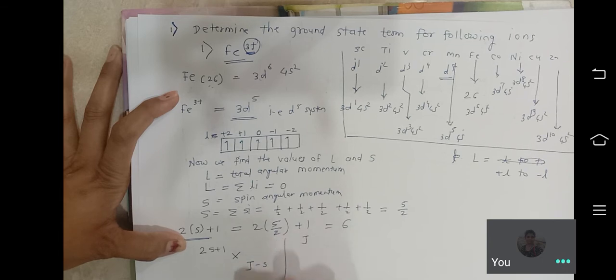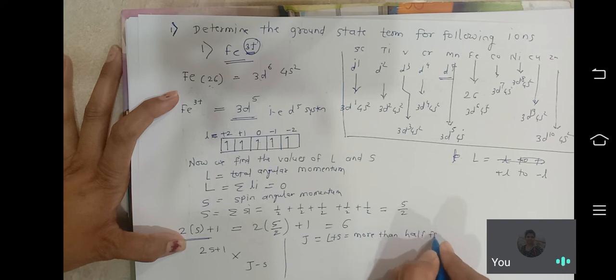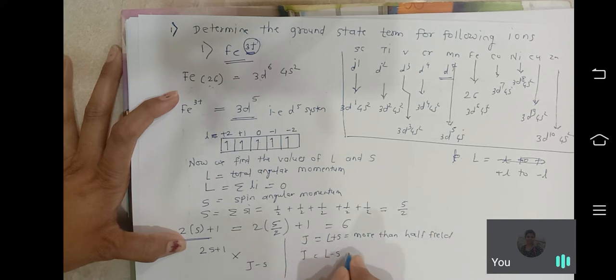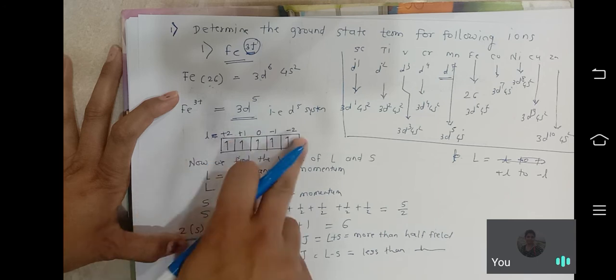See here, J means L plus S when more than half filled. When J is equal to L minus S, at that time it is less than half filled. This is less than half filled, and this is half filled.